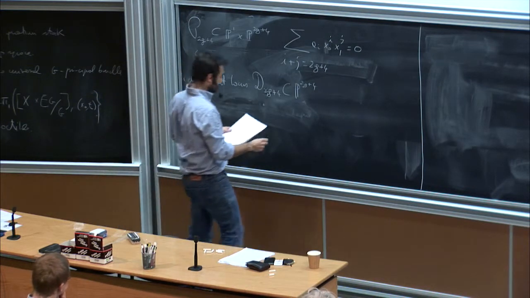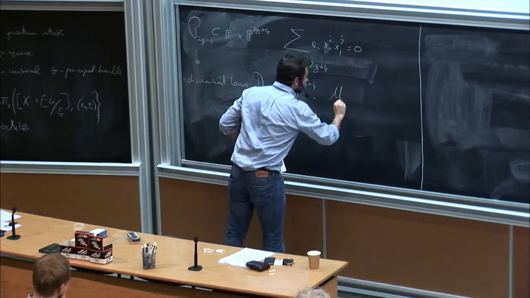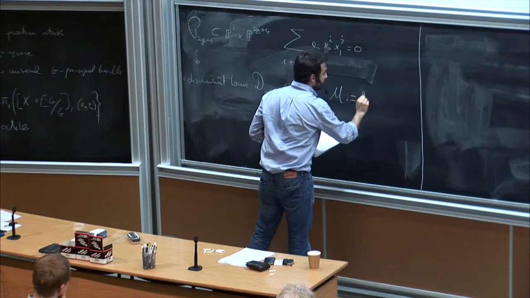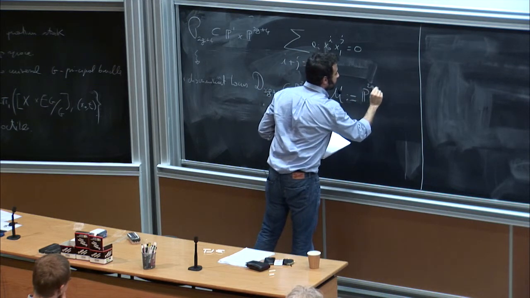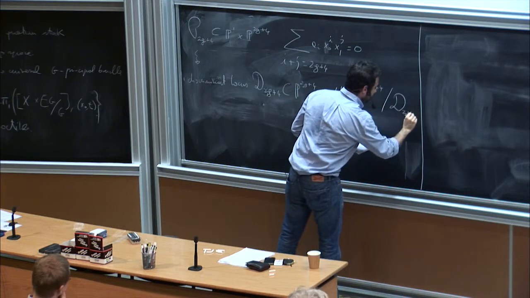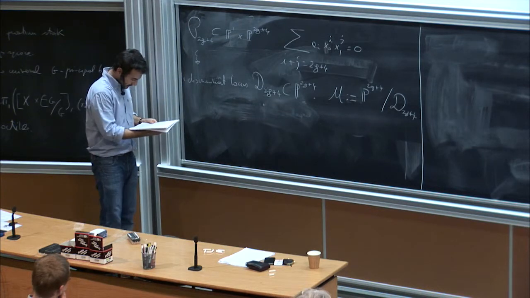So I am going to consider the complement of this inside P^{2g+4}. So basically it is the locus where all the points are distinct.